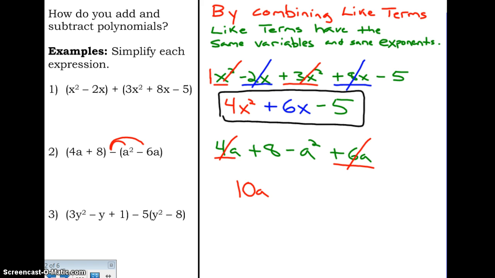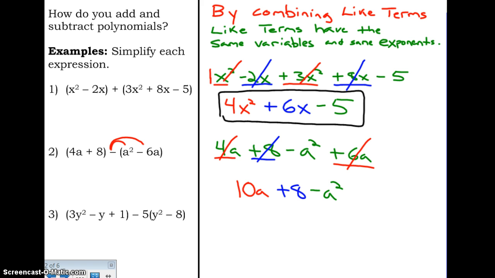And then you have plus 8. Are there any other constants? No, there aren't, so you can write that. That's the only one, so we can cancel that out. And then you have minus a squared. It's all by itself, so just be sure to bring it down.